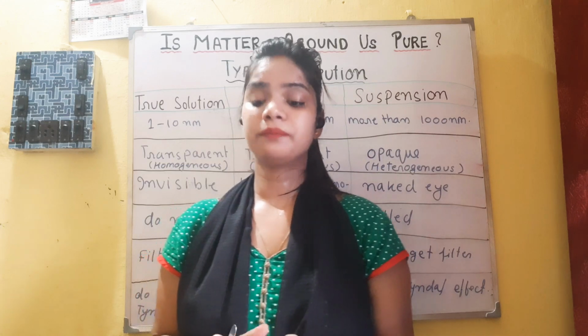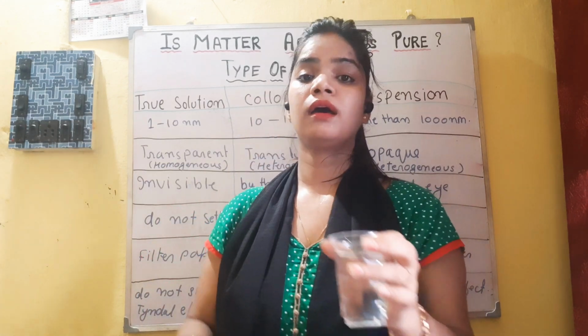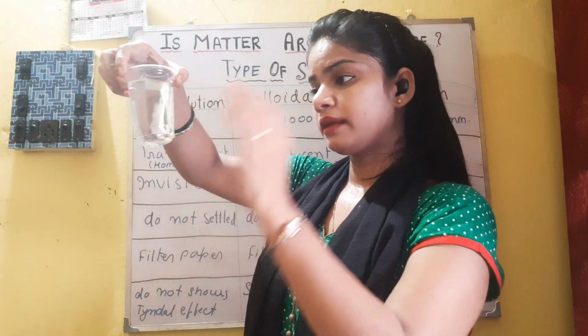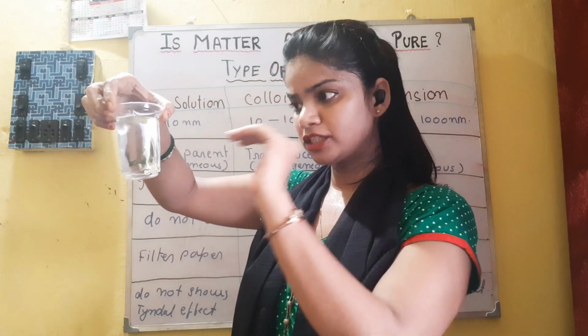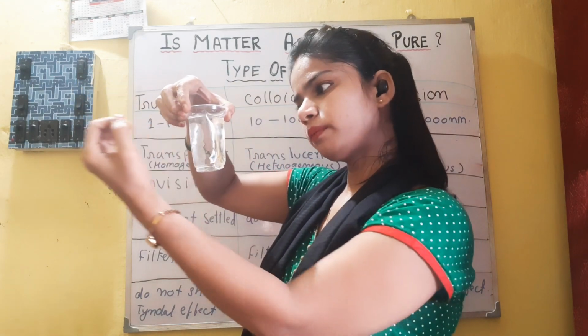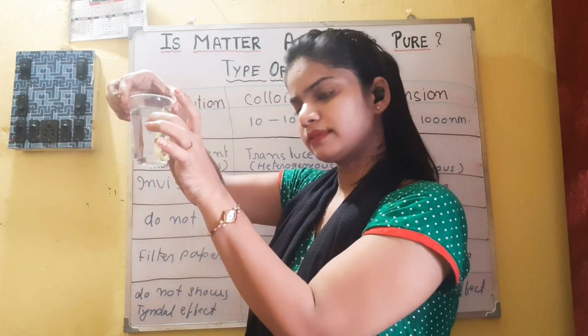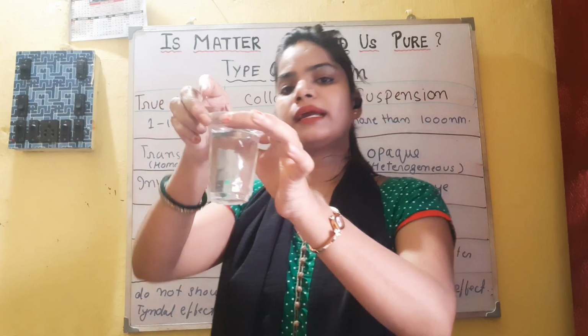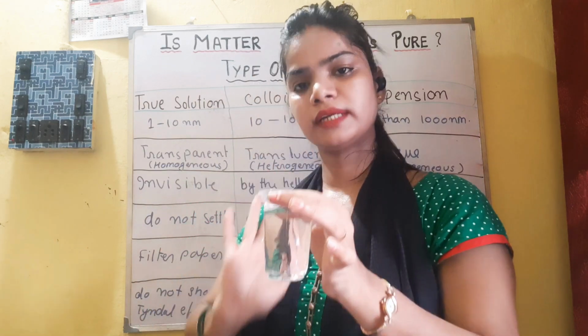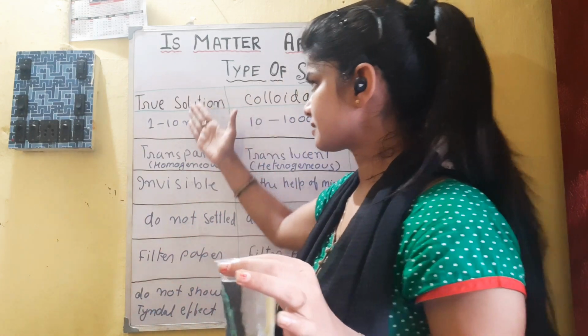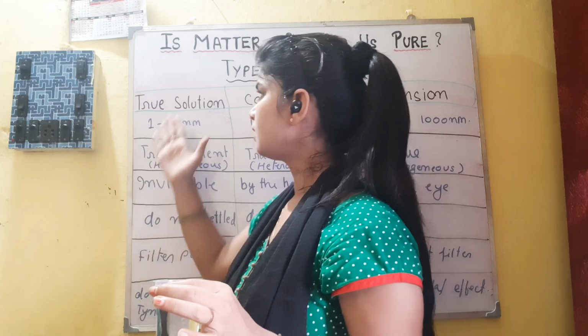Tyndall effect means if any beam of light is passed through it, it won't be visible from this side, and it will get scattered. So it won't show the Tyndall effect. So this is the true solution.